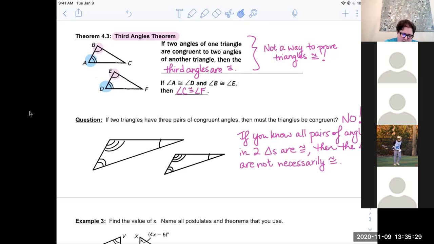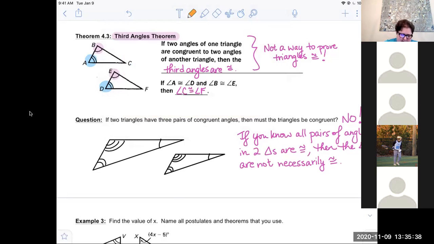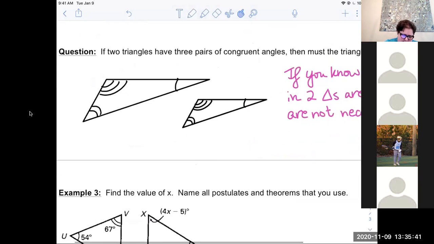So what we know about those triangles is that they will be similar. This is something we'll talk about a lot in chapter 7, I think it is, in second semester. So these triangles are similar.